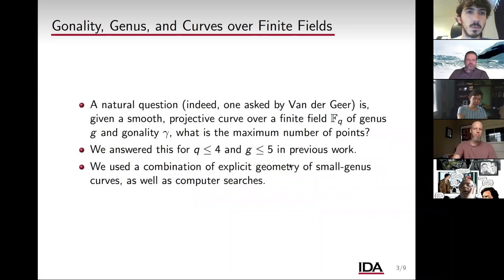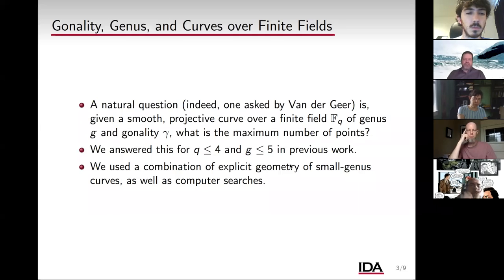So one question to explore, and Van der Geer asked this question, is that given a smooth projective curve over a particular finite field Q that has genus G and gonality gamma, what is the most number of points you can have?